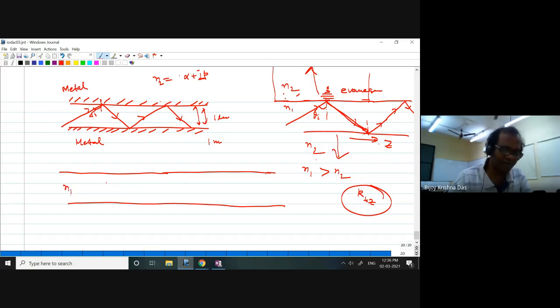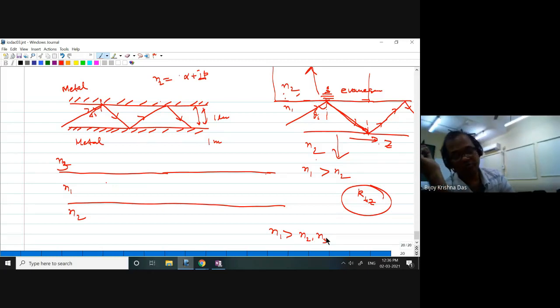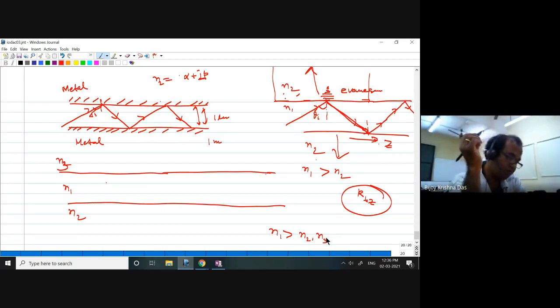I'm just considering one-dimensional confinement for the moment. This is N2 and this is N3, such that N1 is greater than N2, which can be equal to N3 or maybe not equal to N3. N2 can be not equal to N3. So you can have this type of thing.